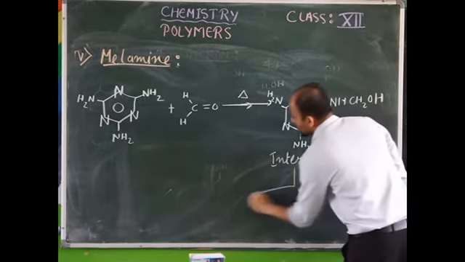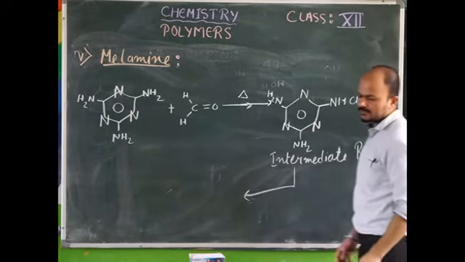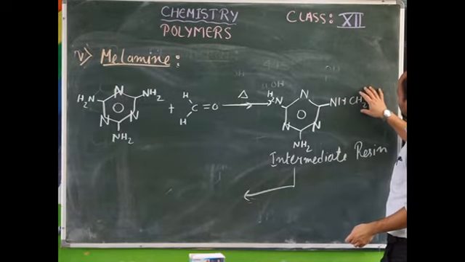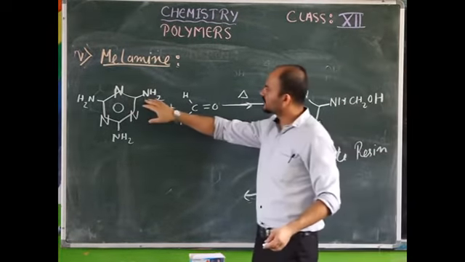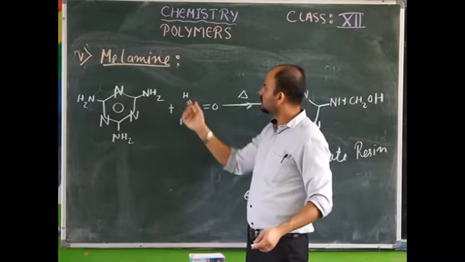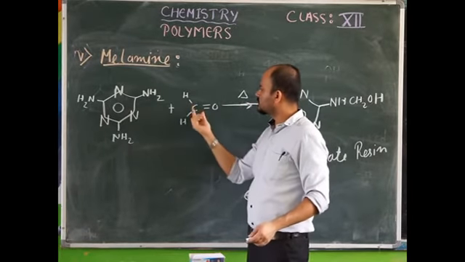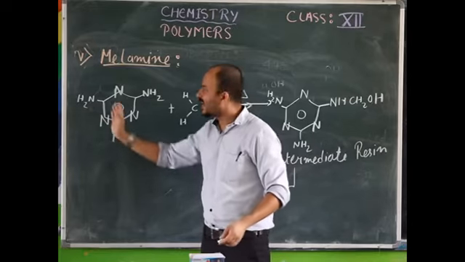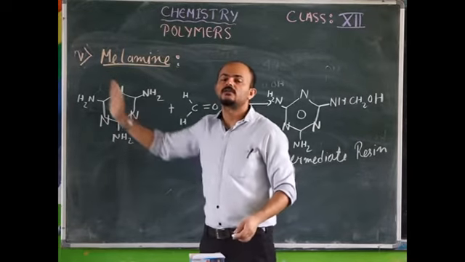Now this, when further polymerized, what do we obtain? See here, similar to this, one of the NH2 groups was substituted, the H of this NH2 group was substituted with a CH2OH group. Similarly this side also, and this side will also be substituted, and the chain will extend in all the directions.